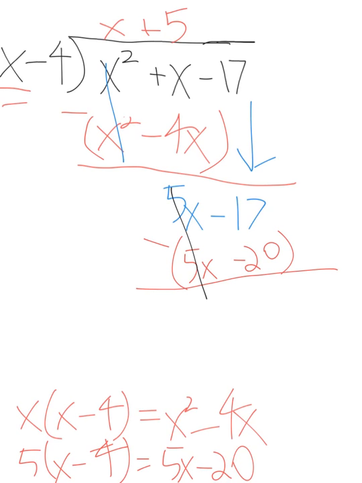So this cancels, and then you have negative 17 minus negative 20. In other words, negative 17 plus 20 is 3. So 3 is my remainder, okay? So let's put a little note here that it's the remainder.